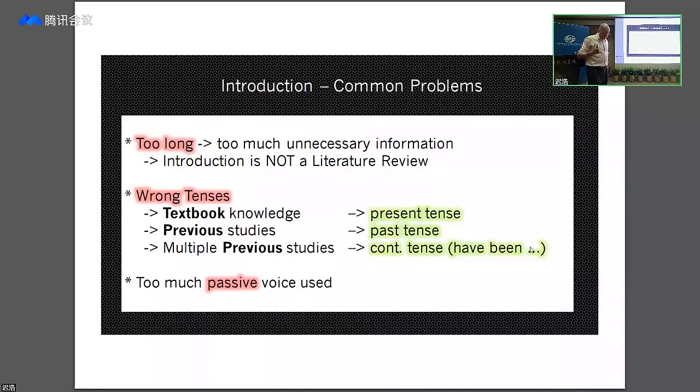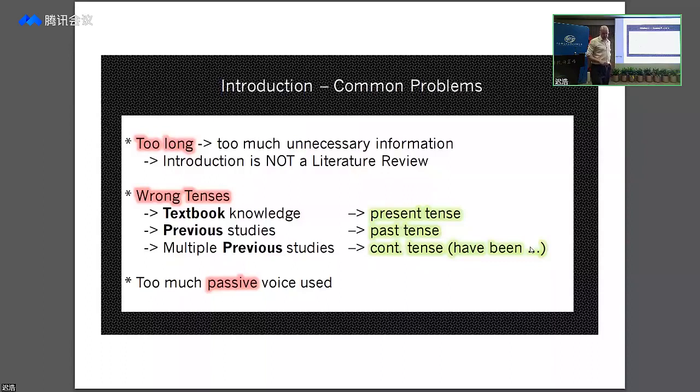For previous studies, whatever action you describe, investigated, evaluated, tested, you use past tense. If you talk about multiple studies having shown something, you can use the continuing tense. That's okay. But otherwise, you don't need that continuing past tense in any other sections. Sometimes I see "had been" used in the results section, in the method section. No need for that. Only in the introduction section.